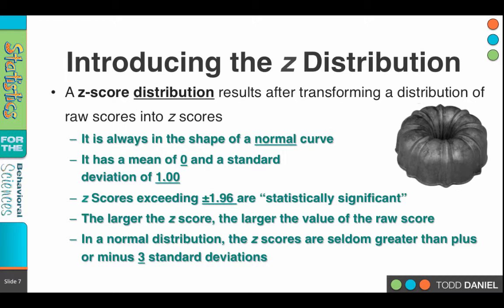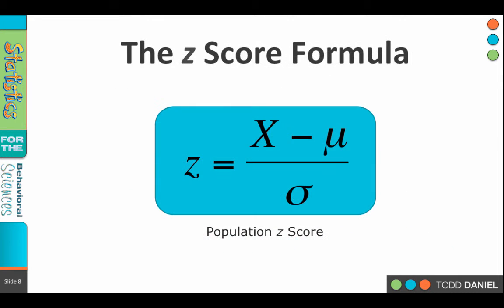We're going to see some examples where we can get z-scores greater than 3, but they are so microscopically unlikely that we're going to conclude they're representing a different population. 99+% of your z-scores are going to be within 3 standard deviations. So it's very unlikely that you'll get a z-score greater than positive 3 or less than negative 3 through random chance. And this leads us then to the z-score formula.